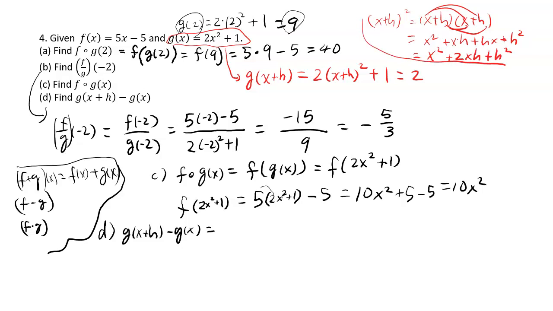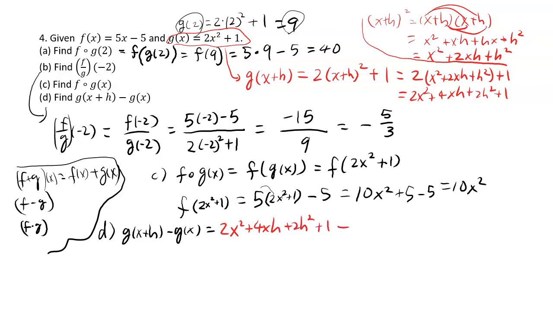Knowing this, now you can rewrite this as what we just figured out. Add 1, and that's 2x squared plus 4xh plus 2h squared plus 1. And that's what I'm going to replace g of x plus h by. Minus, and here's another place a lot of people make mistakes.